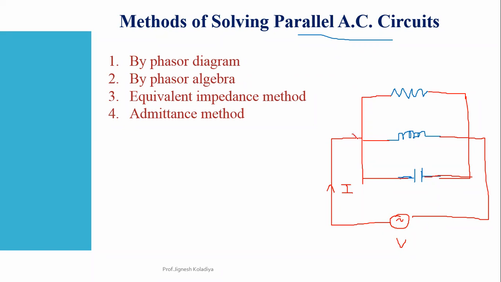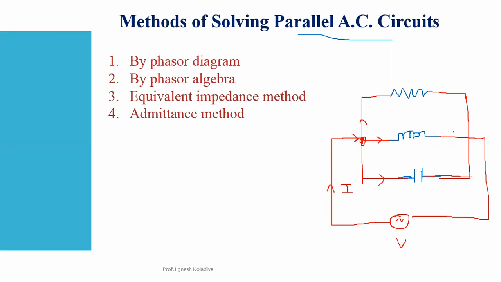Now when this current reaches this point, it will find three different paths to flow. One current is passing through resistance, another part is passing through inductor, and the remaining part is going in capacitor.